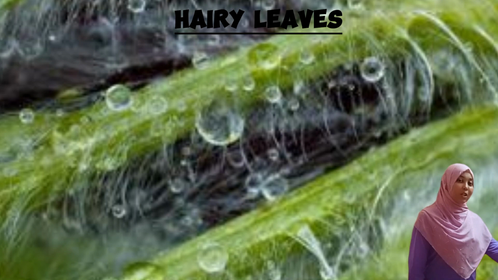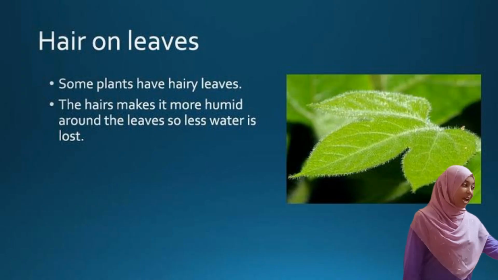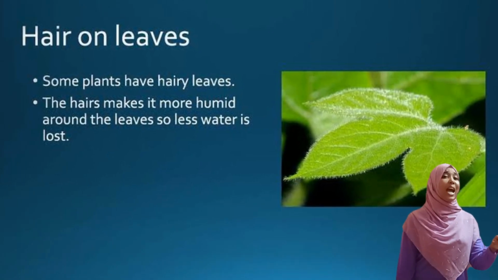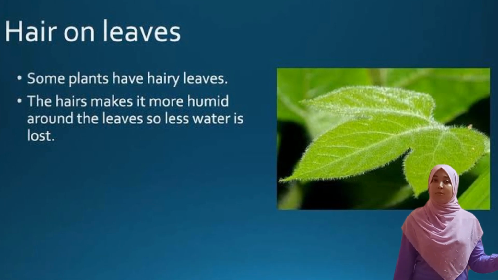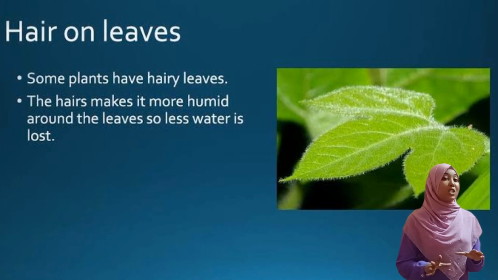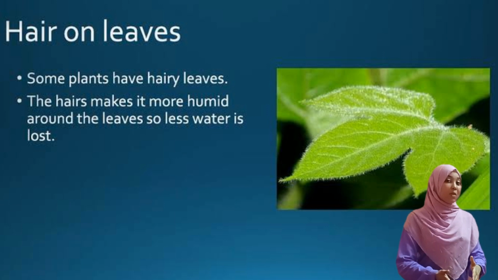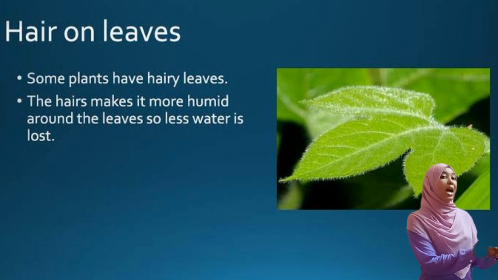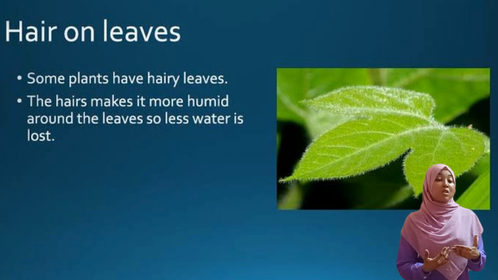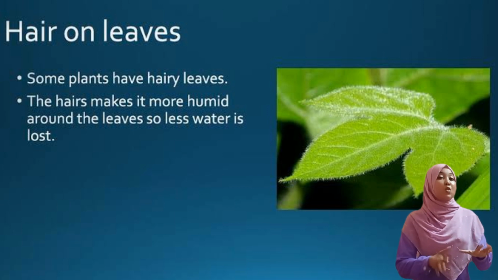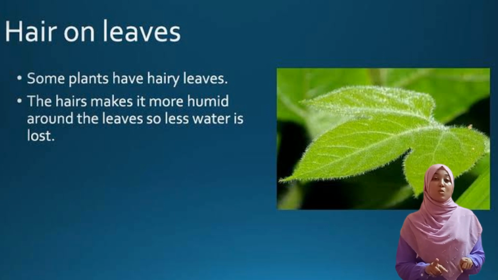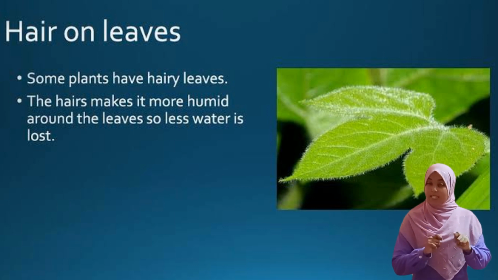So essentially what they're doing is that by having a layer of moist air on the outer surface of the stomata, they are decreasing the concentration gradient. So you're going to have a situation whereby you have a lot of water vapor within the leaf, a lot of water vapor outside. So the amount of water vapor that is lost is going to be low, and therefore the rate of transpiration is also going to be less.